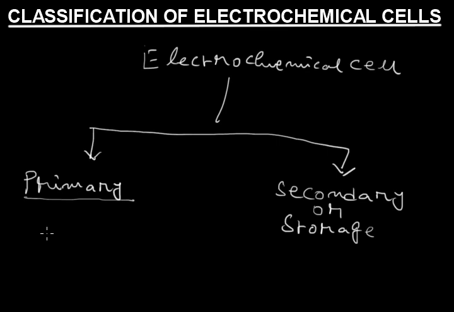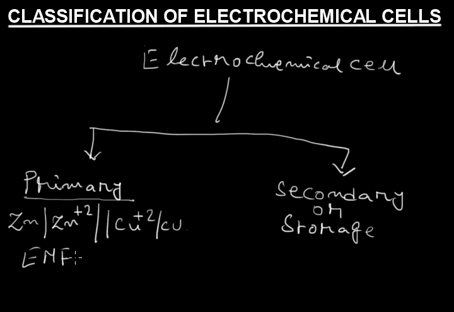In a primary cell, the cell becomes exhausted when the chemical reaction is over and it cannot be converted back into its original form. Example: the galvanic cell, actually a Daniell cell, represented by Zn | Zn2+ || Cu2+ | Cu. The EMF of this cell is 1.1 volt.